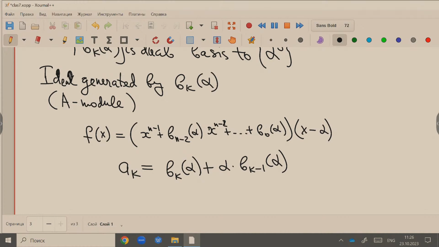Just beta_k of alpha is just a_k minus alpha b_(k-1) of alpha. So all betas, if you look at the linear span, it is the same; they are polynomials in alpha with integer coefficients.